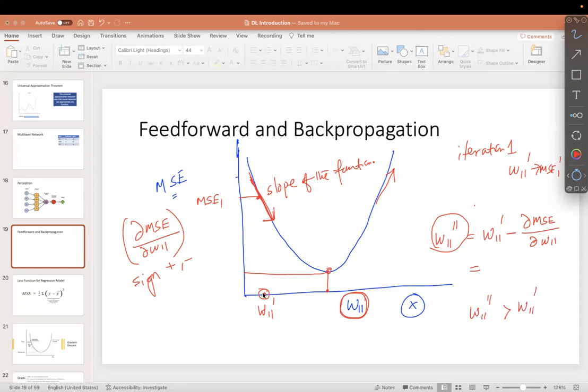That means the next value will be on this side, so this will be W11 dash dash. Again, you take the slope and subtract it, and the next value will be here. You can see that you're slowly moving towards the optimal point. After many iterations, we'll come to this particular point where automatically this value becomes 0, because the slope value is 0.